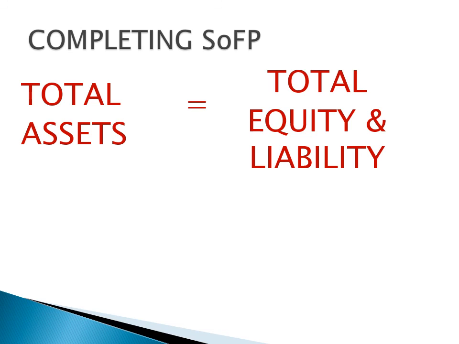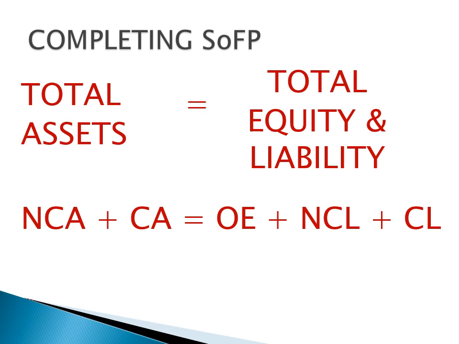Otherwise, you wrongly calculated or wrongly prepared the statement of financial position. In other words, non-current asset add current asset, then you have the total asset. Owner's equity add non-current liability add current liability, that is the total equity and liability. So this must be equal.